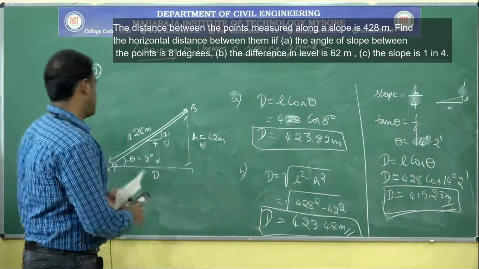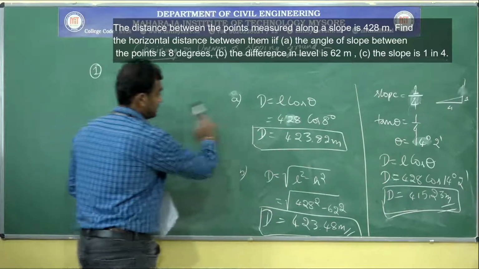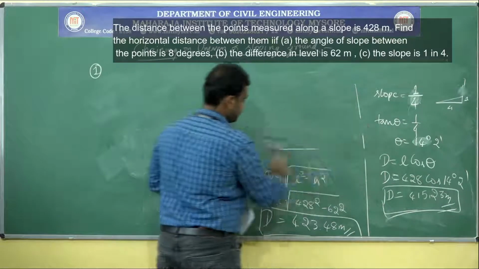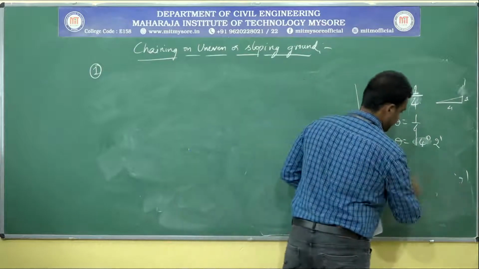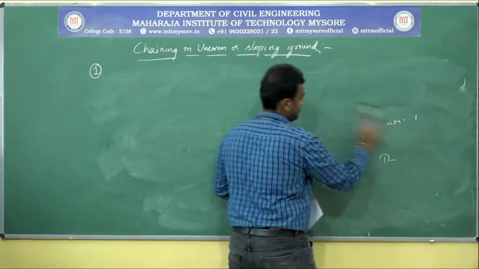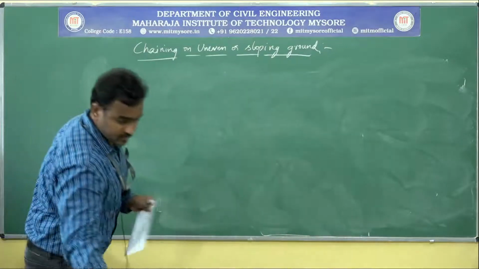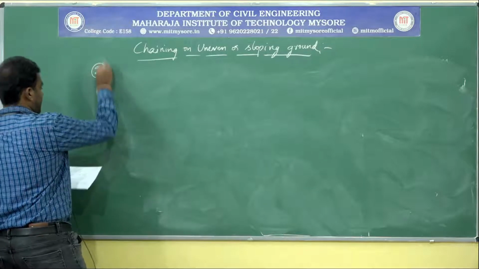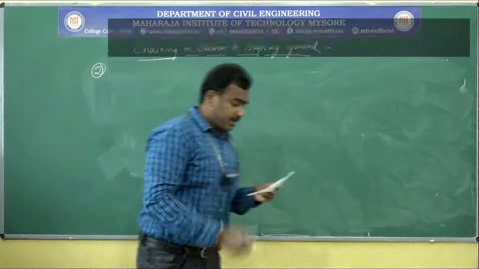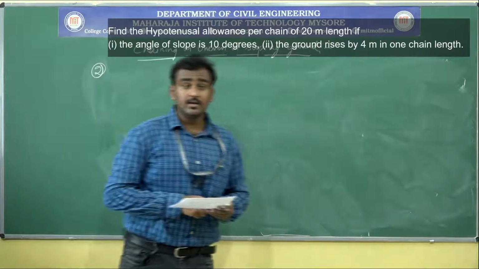Let us move on to the next problem regarding hypotenusal allowance. Let me read out. Find the hypotenuse allowance per chain of 20-meter length.